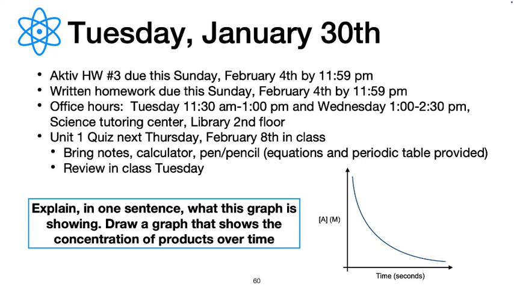Okay. And would it always just be the inverse of the graph then? So should it always be the exact inverse? Does it have to be? What's going to happen to the concentration of A in this case? It's going to go down significantly faster than the product concentration will go up.